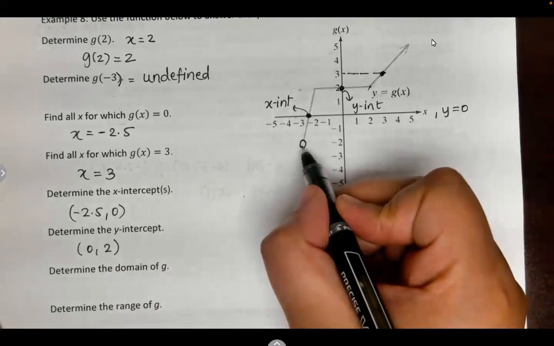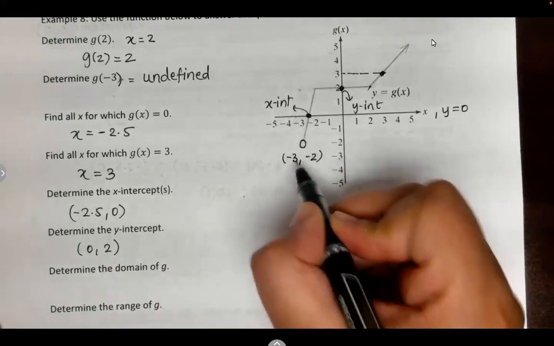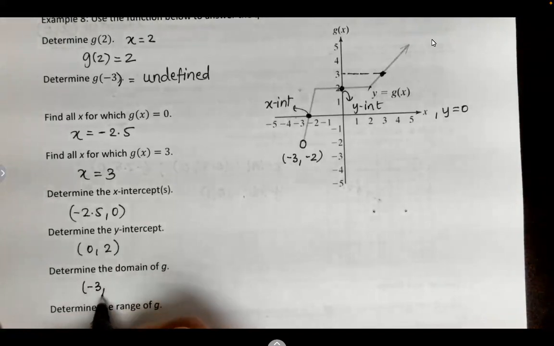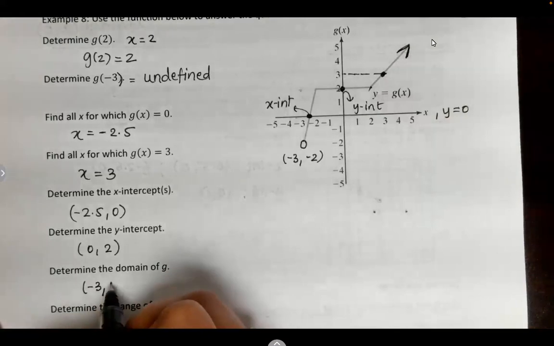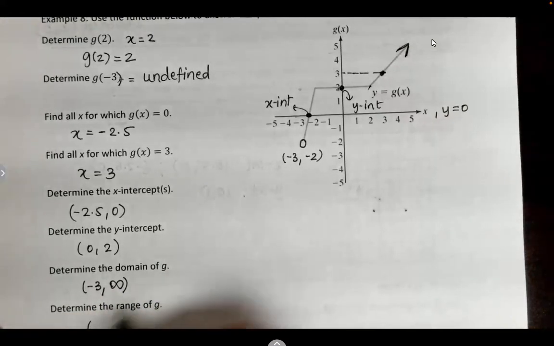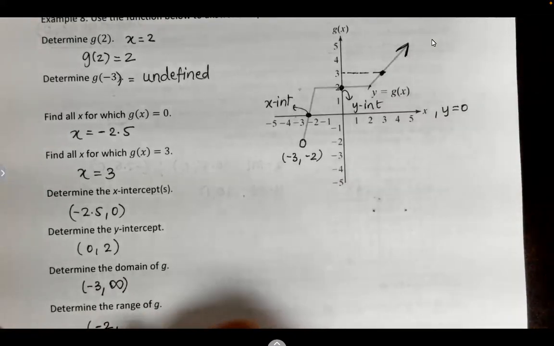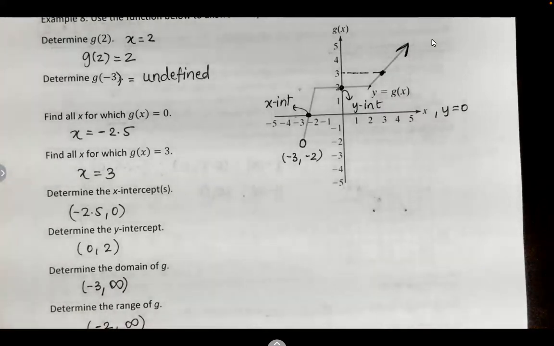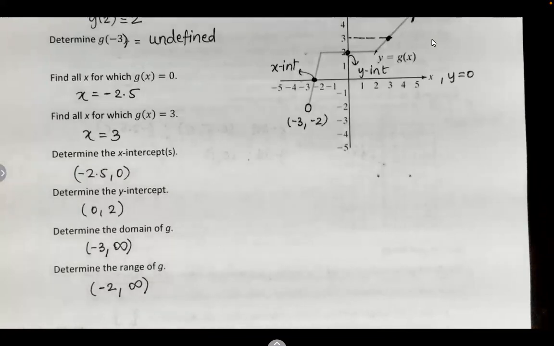So the domain is x from -3 in the parentheses to infinity. And the range is from -2, the y value of the starting point of the graph, to positive infinity. And that completes our section 2.1.